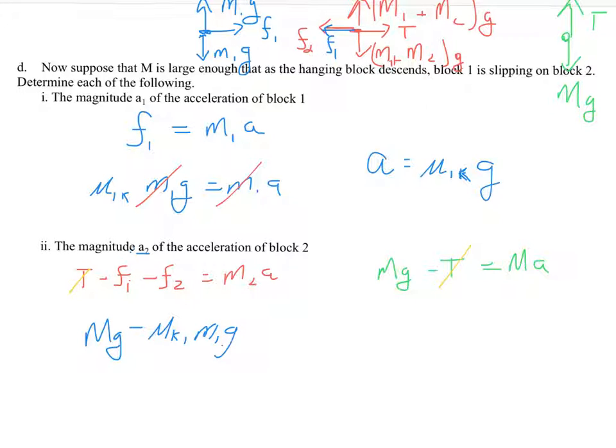Then minus friction 2, which is mu k2 times the normal force acting on it, which is mass 1 plus mass 2, times gravity. And that has to equal the sum of the masses times the acceleration.